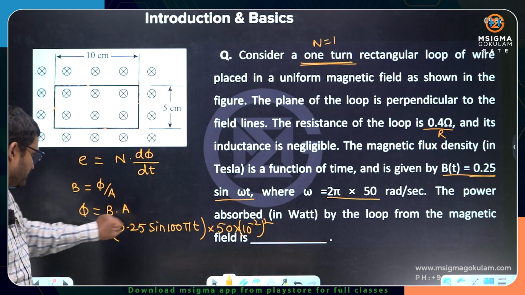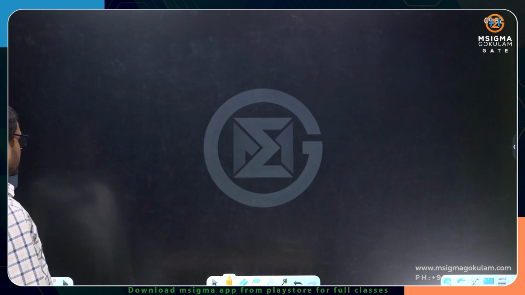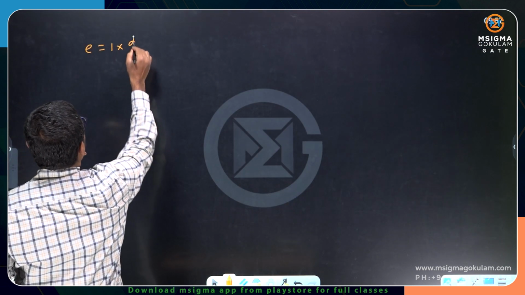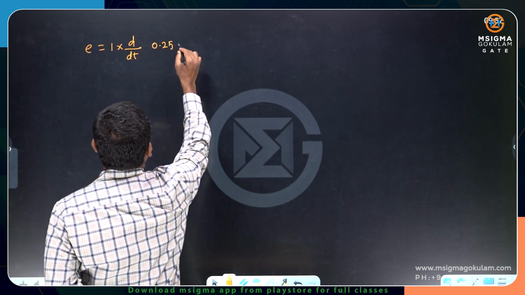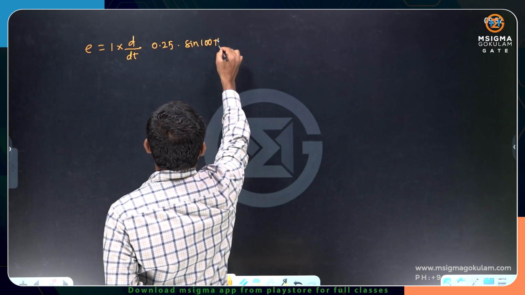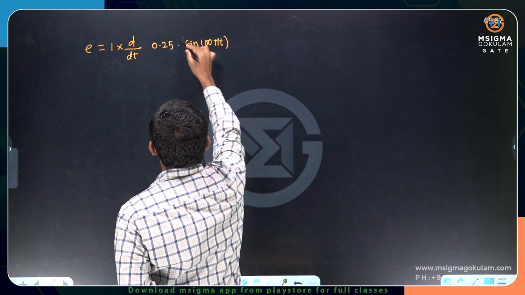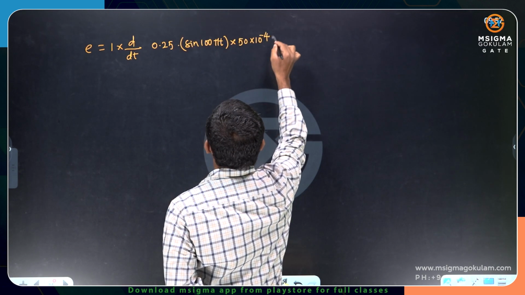Take this flux and substitute it in the EMF equation. You will get the EMF as 1 turn into d phi by dt of 0.25 into sin 100 pi t into the area, which is 50 into 10 to the power of minus 4.